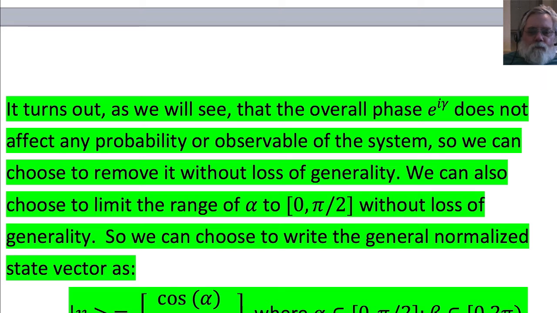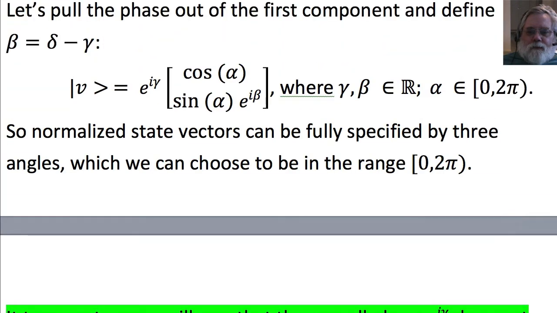Now, because the overall phase does not matter, we can also limit the range of alpha. Alpha was originally 0 to 2 pi, which would allow the first component to be positive or negative, and the second component to be positive or negative.